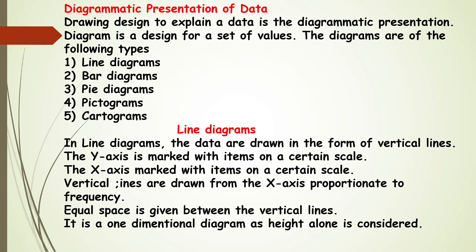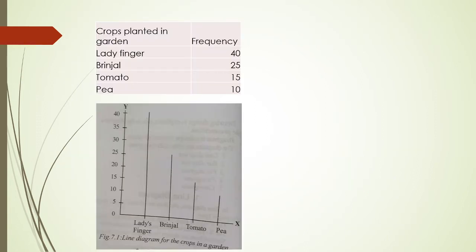Equal space is given between the vertical lines, and it is a one-dimensional diagram as the height alone is considered. This type of presentation is called the line diagram, for the crops planted in the garden and their frequency.